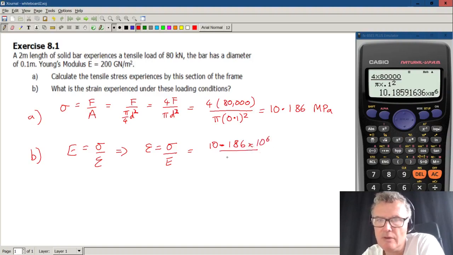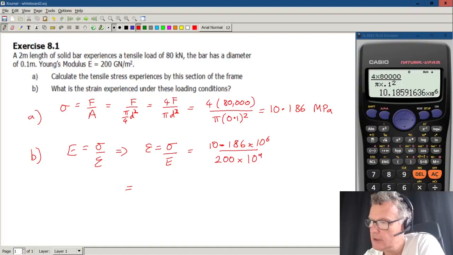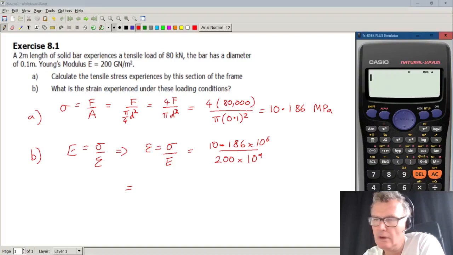And then I want to divide that by 200 giga. So a giga is 10 to the 9. And then that's what I'm going to put into my calculator. So let's use the fraction thing again. 10.186, use that function at the bottom, 10 to the x, when you're doing your powers. 6.